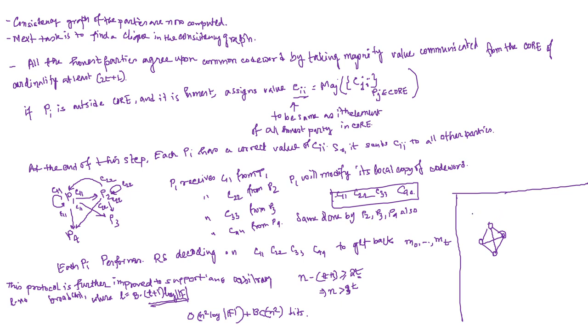And then we add say 3 more nodes such that each node of C is connected to each node in D. Like this.